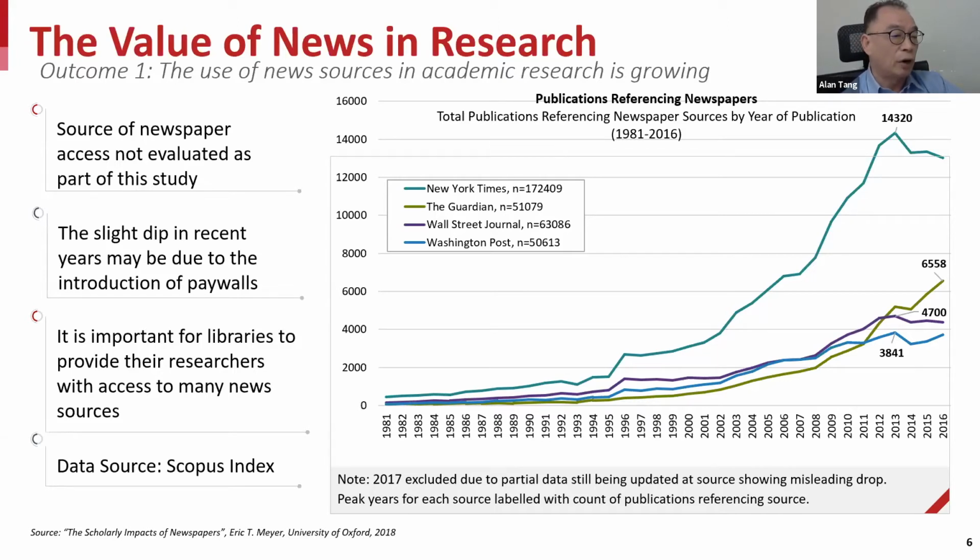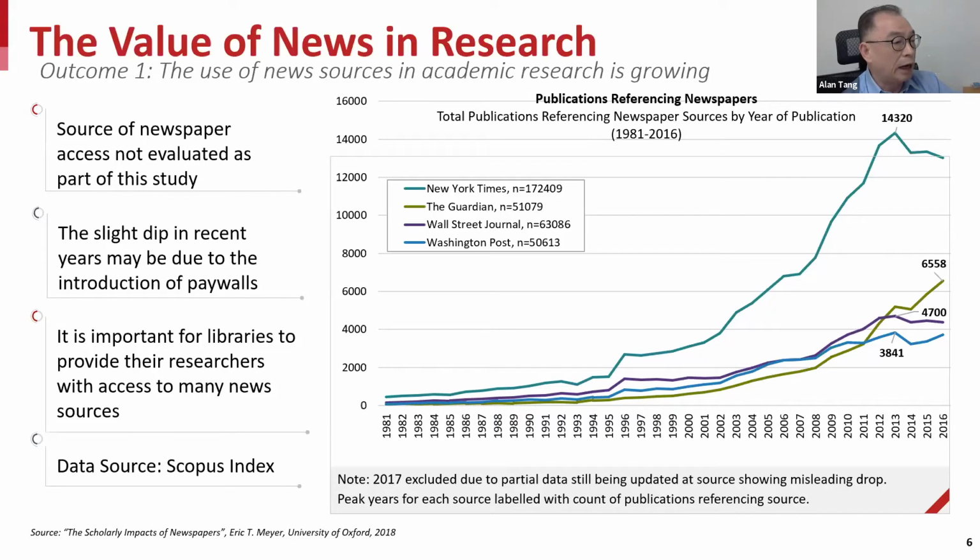It is also important for libraries to provide their researchers with access to many news sources rather than a single news source. This study makes use of the data from the Scopus index.